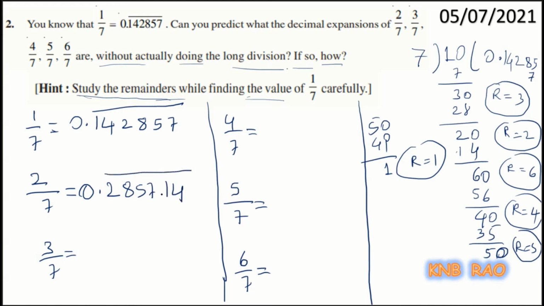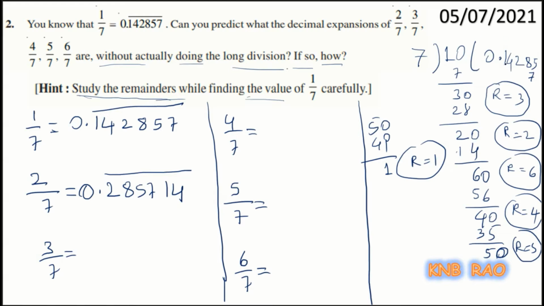This is the value of 2 by 7, where the same digits are repeating but in a different order, like 2 8 5 7 1 4. This 1 4 is coming here. Why? How? Can I say it starts from here somewhere?